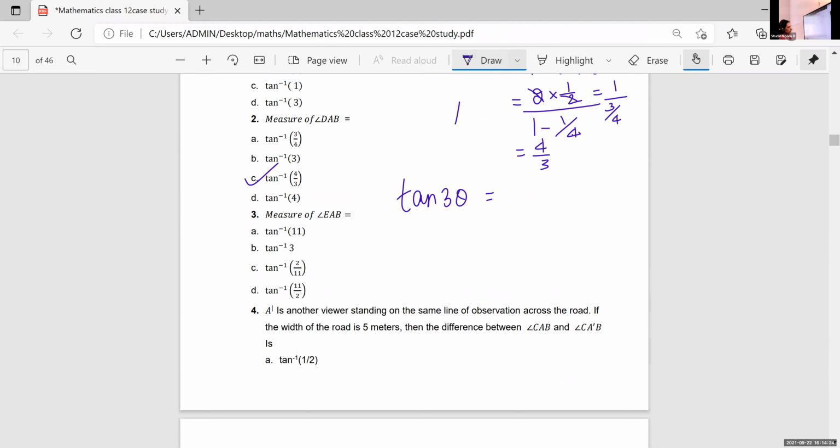Tan 3A is equal to 3 tan A minus tan cube A by 1 minus 3 tan square A. So tan theta is already known. Substitute this, simplify and find the answer.